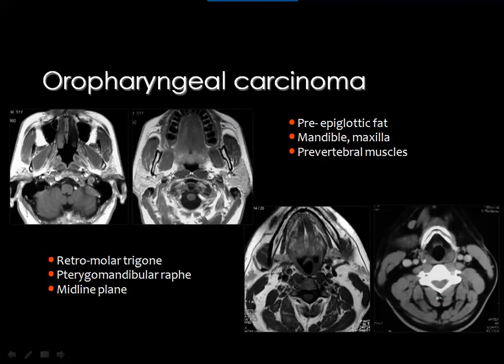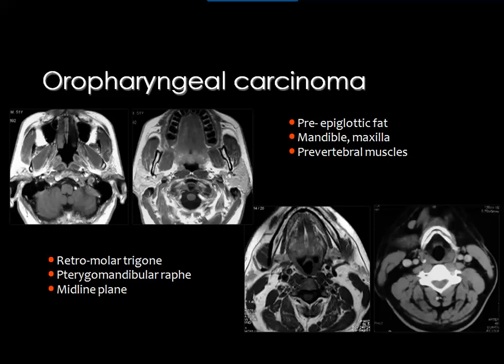Okay, now we have discussed the lesions which can affect this area, and we have mentioned from the lecture of the parapharyngeal spaces that most of the lesions arising in the pharynx as well as in the mouth floor and the tongue are usually carcinomas.